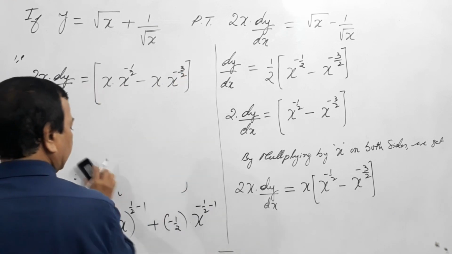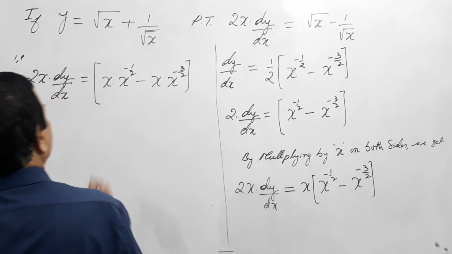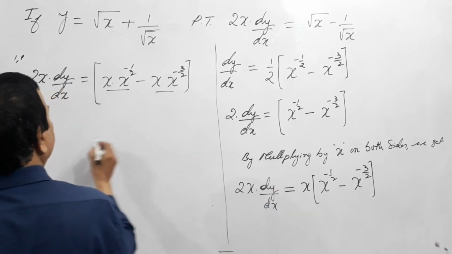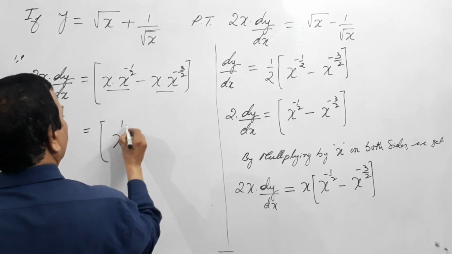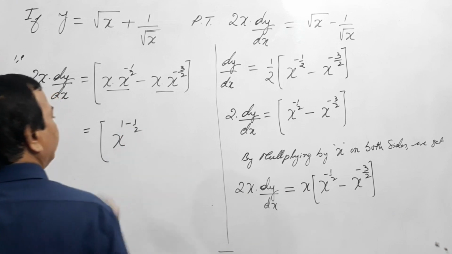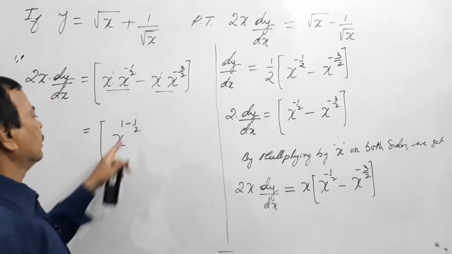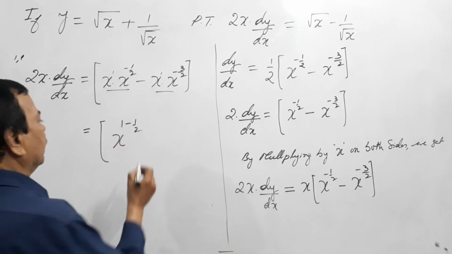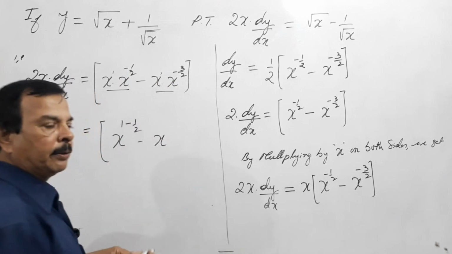Done? Because x has to be multiplied for both the terms. Bases are same, so add the indices. This becomes x to the power of 1 minus half, where this is power 1, and minus x to the power of 1 minus 3 by 2.